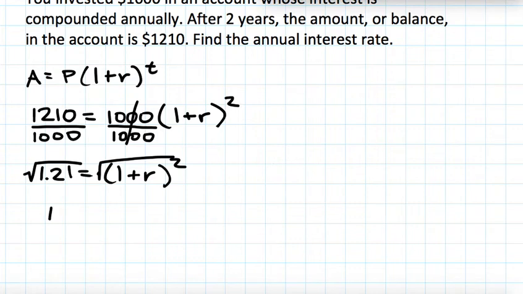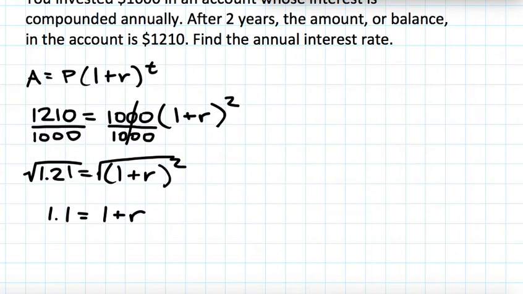Now for this problem, like we've seen in other problems involving real-world situations, it would not make sense to have a negative number here equal to 1 plus the interest rate. That would mean I would have an interest rate of less than negative 100%, and that doesn't make any sense. The interest rate here is going to be positive because I'm getting more money.